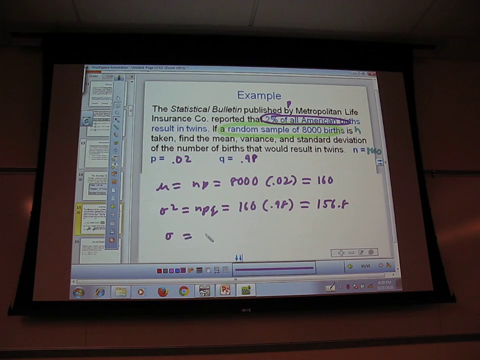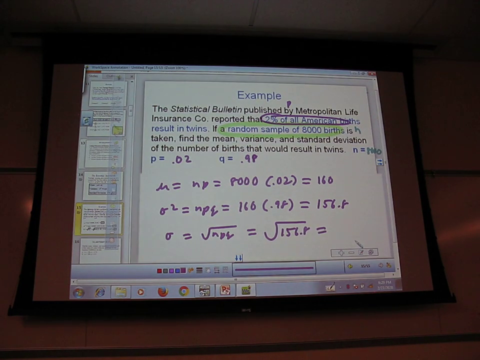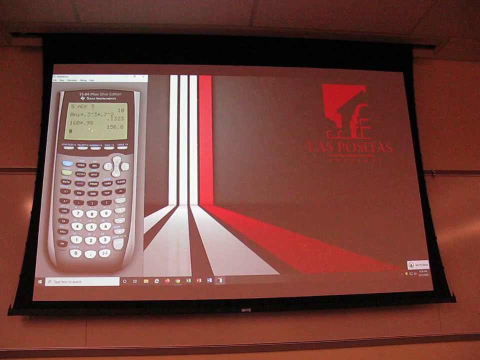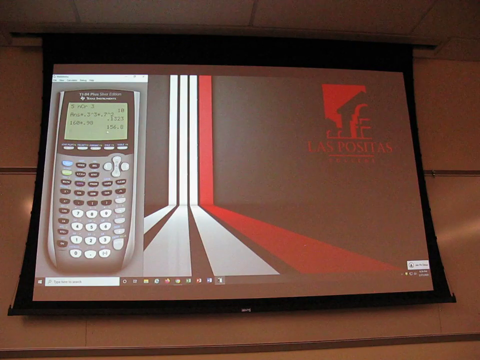My standard deviation is the square root of NPQ. So that's the square root of 156.8, and this is how I do it. I have my number here and I want to square root that. The easiest, fastest way for me is to raise it to the 1/2 power, because that's the same thing as square rooting something.